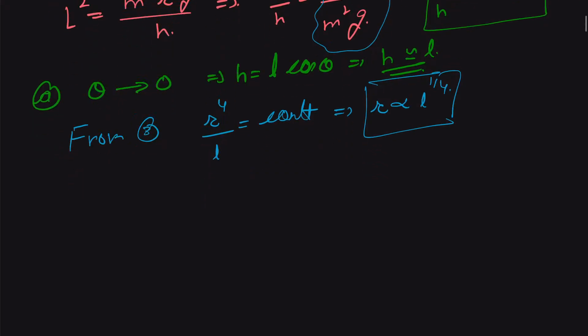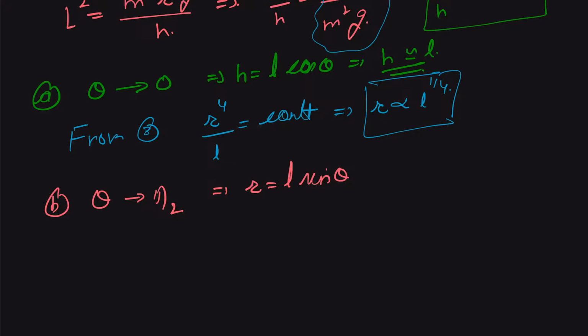And we come to part B, and in part B it said that theta is approximately equal to pi by 2, and for that we can use the relationship that r is equal to L sine of theta.